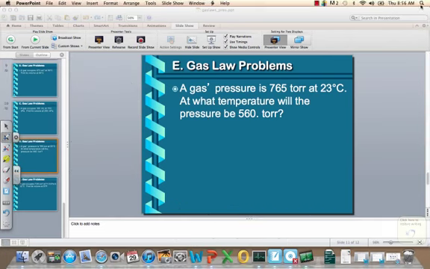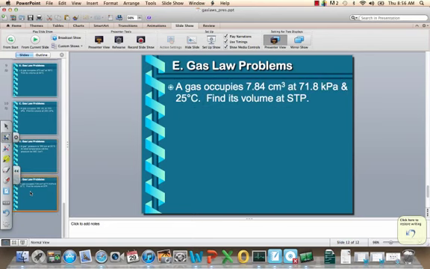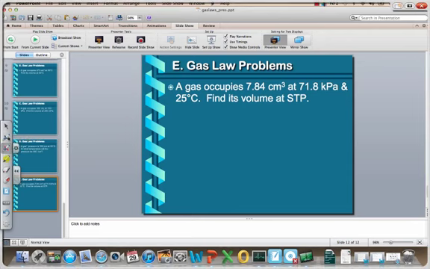All right, let's do another problem. All right, last one. A gas occupies 7.84 centimeters cubed at 71.8 kilopascals and 25 degrees Celsius. So it looks like we are looking at all variables here. Find its volume at STP. So let's go ahead and dissect this and see what we have. A gas occupies 7.84 centimeters cubed. So remember, that's volume.